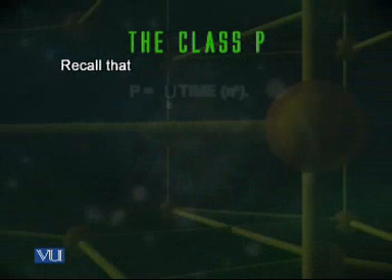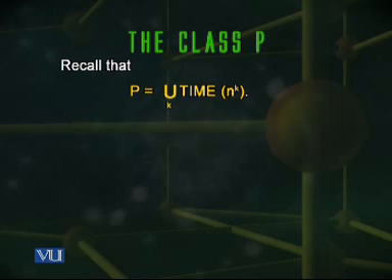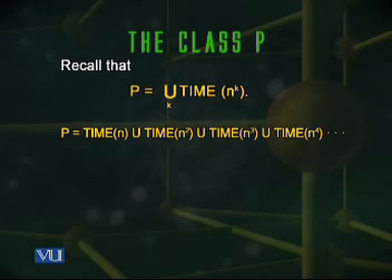Let us review what we had done in the previous lecture quickly and then go on to study the class NP. Let us recall the class P. P was the union of time n to the k. If we write it more elaborately, it's written as time n union time n squared, union time n cubed, union time n fourth, and so on.